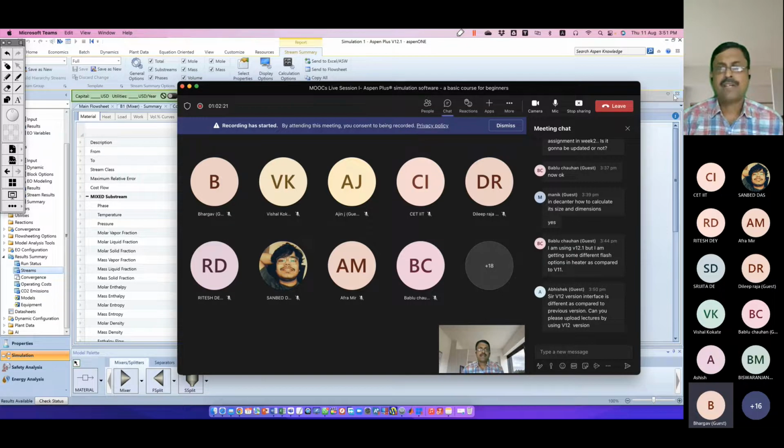It is not like version 8 and version 12. Version 11 and 12, the interface difference is not that much. I have used both of them. But obviously, if you go back to version 8, that was, say, 10 years back, it was quite different.